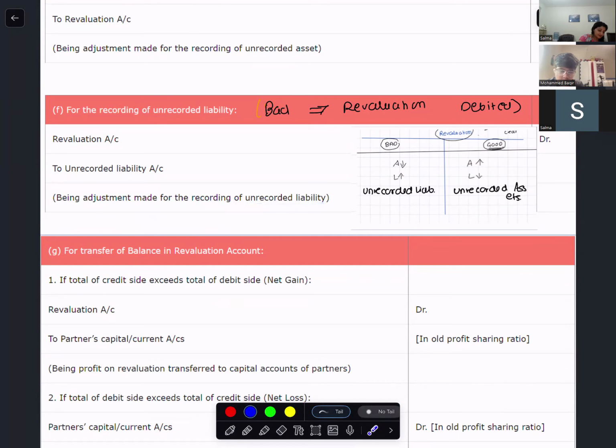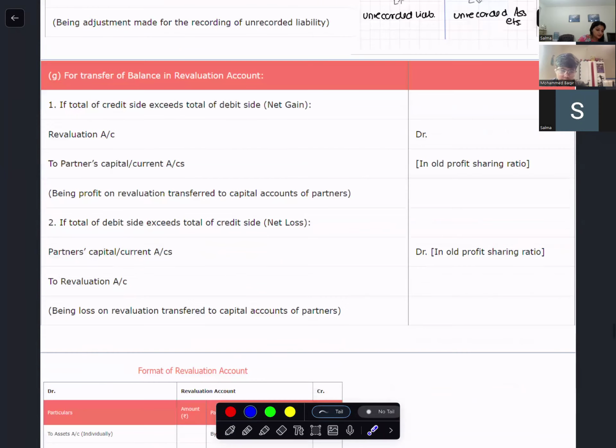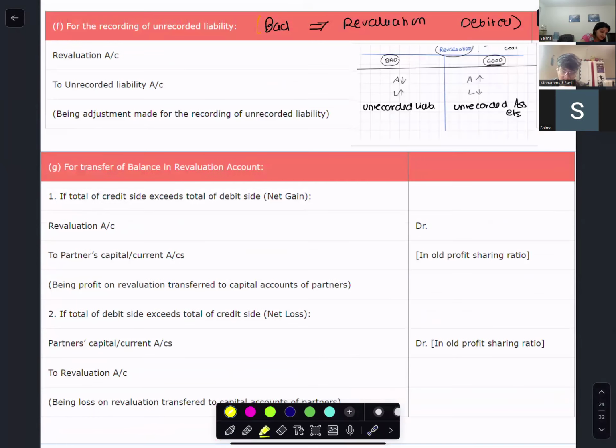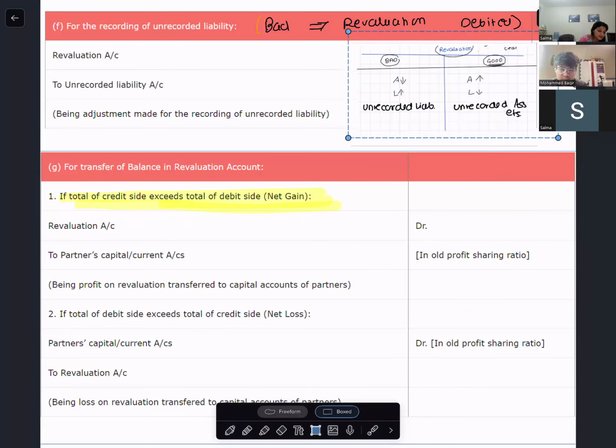Now, you might have two situations. The first situation is that your credit side exceeds the debit side. What does this mean?